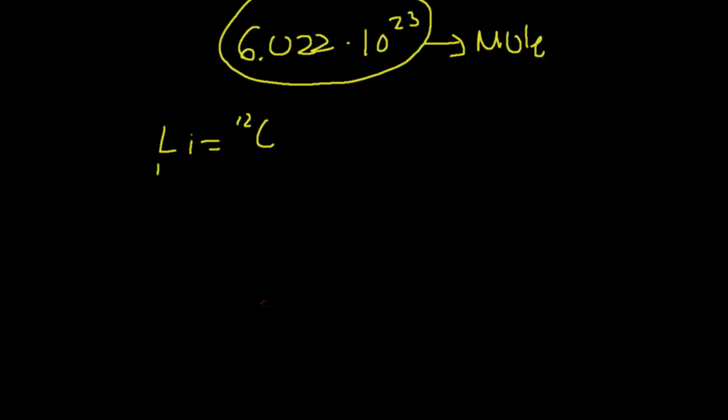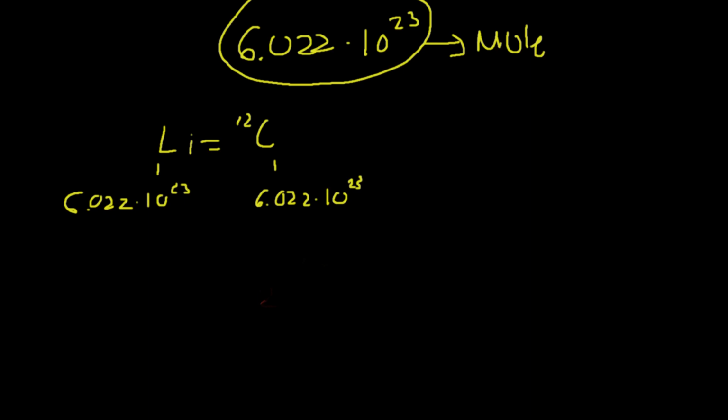So if lithium has 6.022 times 10 to the 23, and carbon-12 has 6.022 times 10 to the 23, that's all the definition is saying. It's saying that any atom will have the exact same amount of particles present relative to carbon-12. People get confused when they hear the difference between mass and particles.